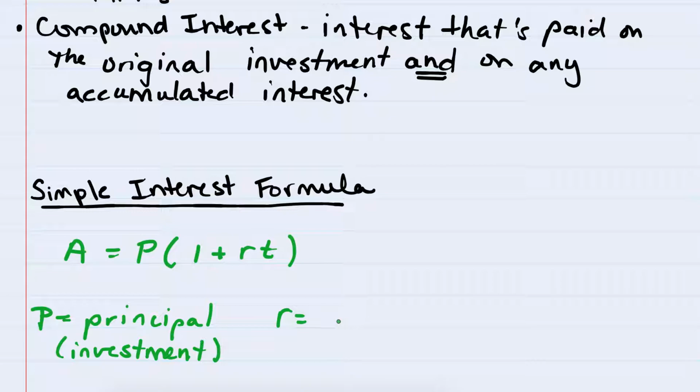R, which we also will see as APR, is going to be your annual percentage rate. So how much you're going to be getting for interest, like the percentage.